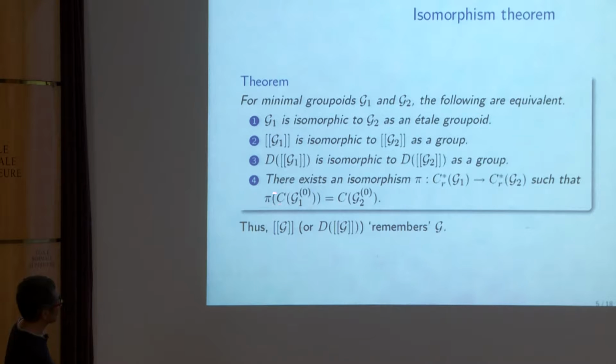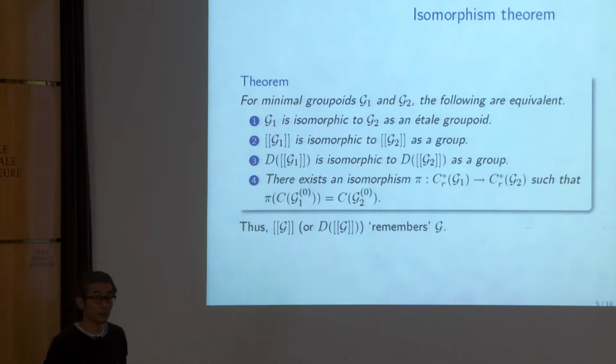And the fourth condition says that there exists an isomorphism between these two C-star algebras, such that pi restricted to this subalgebra is an isomorphism to this algebra. And this capital C denotes the complex-valued continuous functions on the unit space, and it's an abelian, commutative C-star algebra.